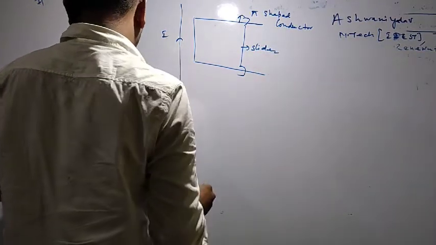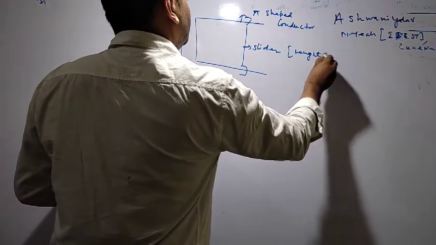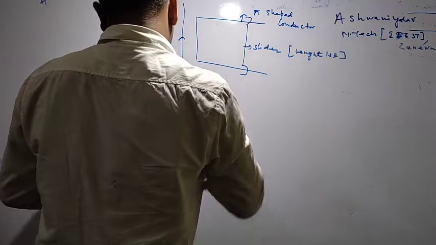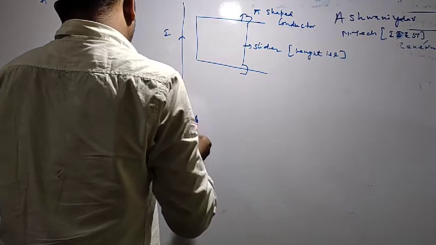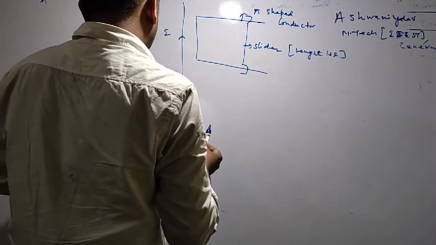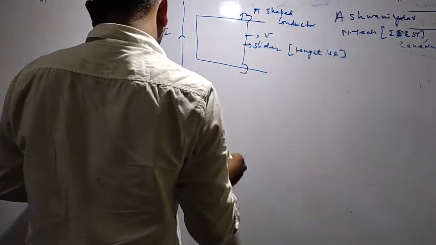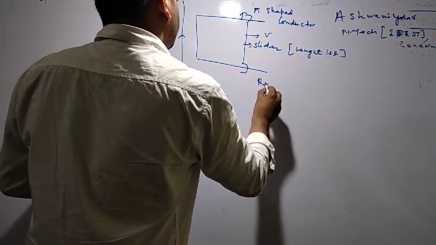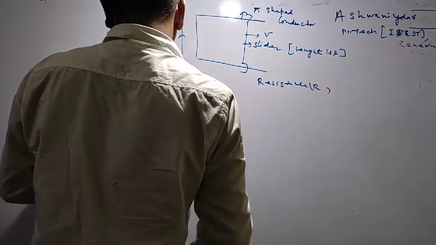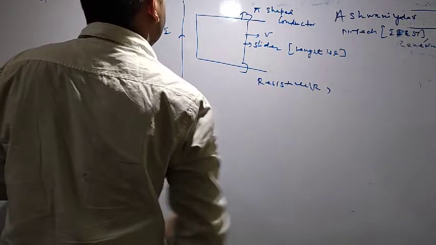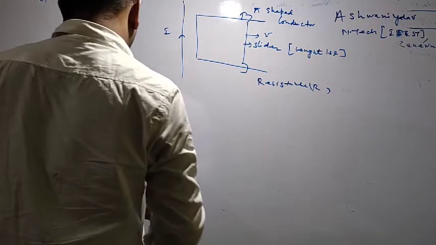It can slide and has length L and resistance R. It slides with a constant velocity to the right side, as depicted in the picture.